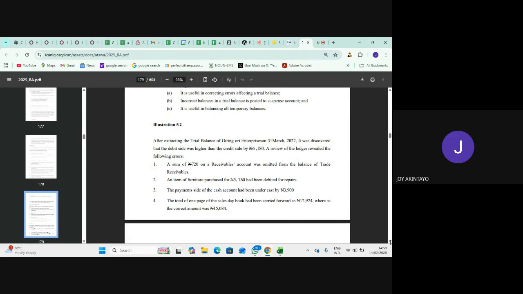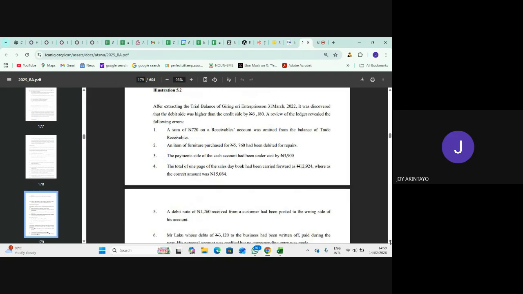2. The next one is an item of furniture purchased for 5,760 has been debited for repairs. You know that's an error. We purchased furniture for 5,760. Instead of debiting our furniture account, we now debit the repairs account.